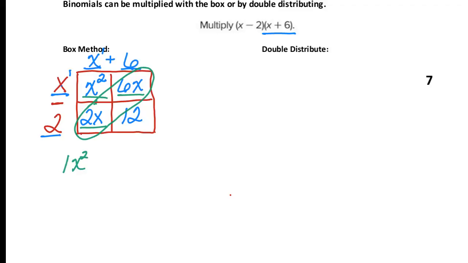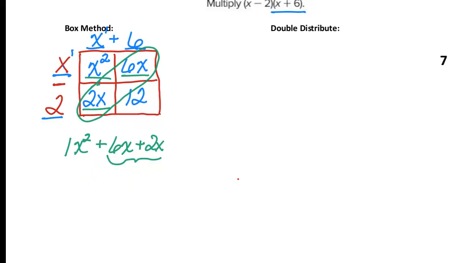Remember, that's a 1 in front, but you don't have to put that down. Then we have plus 6x plus 2x, which we're going to combine in just a minute. And finally, we have 12. So putting it all together, we have x squared plus 8x plus 12.